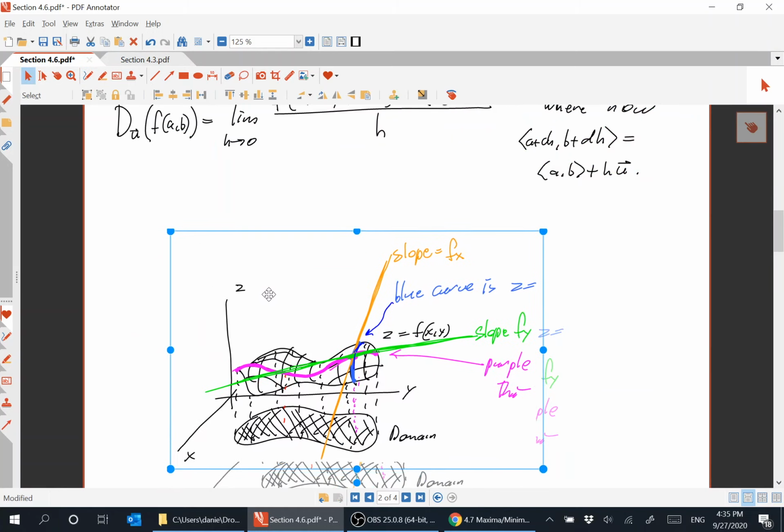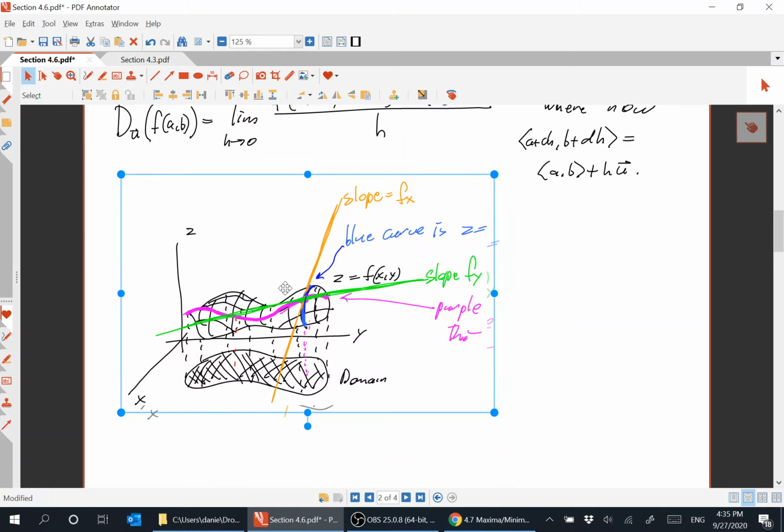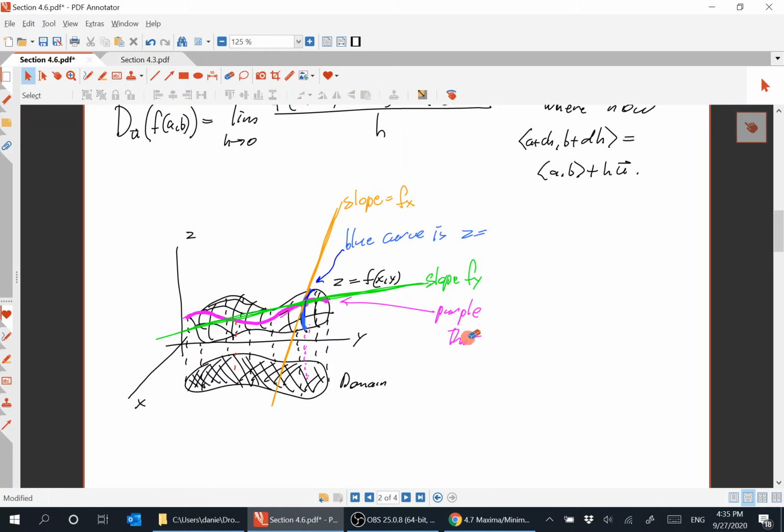So the tangent lines on the surface, the lines that are tangent to the curves in the x direction and the line tangent to the curves in the y direction.